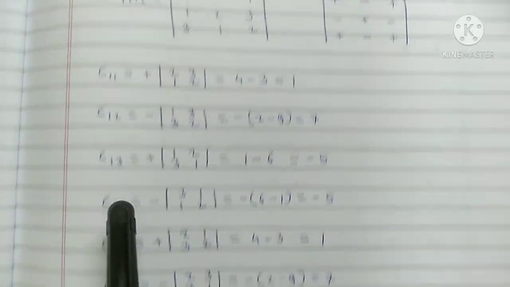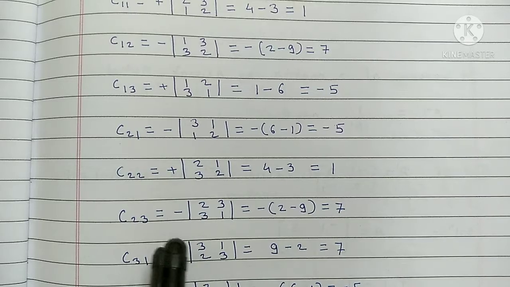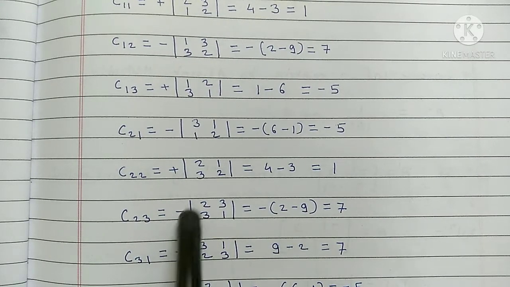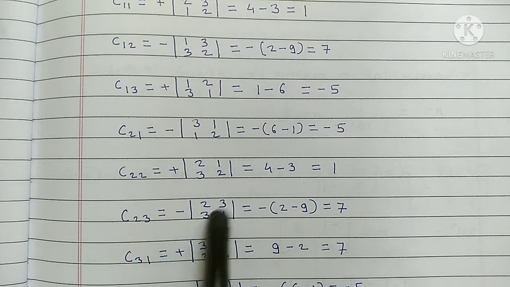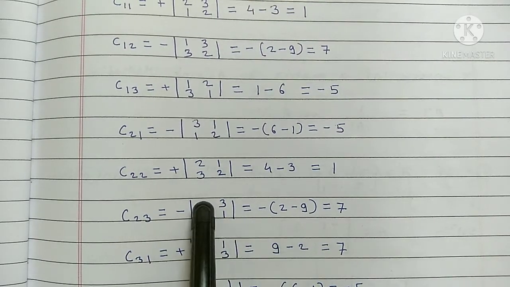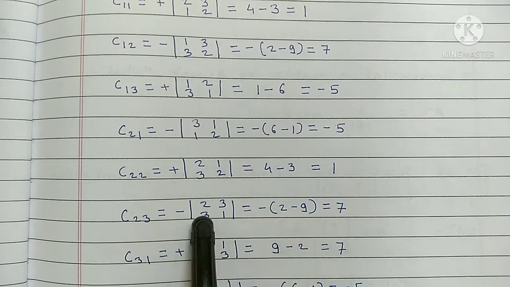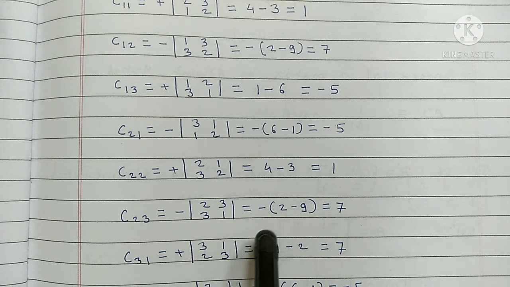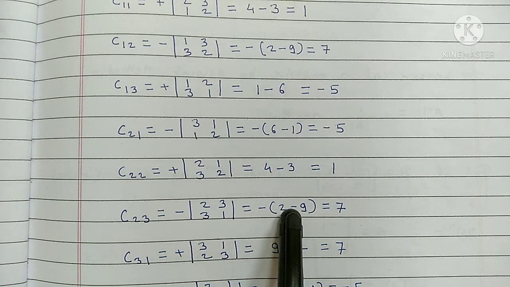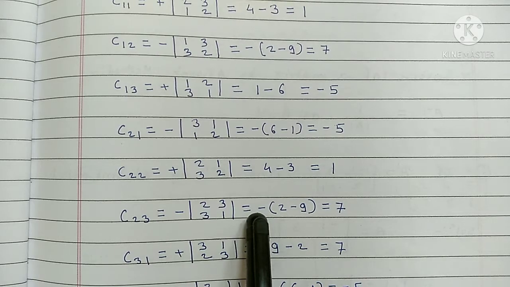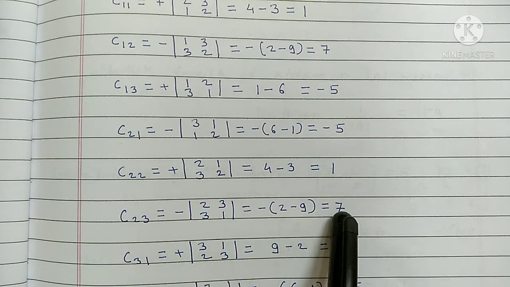So C23 is equal to minus sign and determinant of 2, 3, 3, 1. So minus sign as it is, then 2 into 1, 2, minus 3 into 3, 9. So 2 minus 9 is minus 7, and this minus sign, so minus minus plus 7.